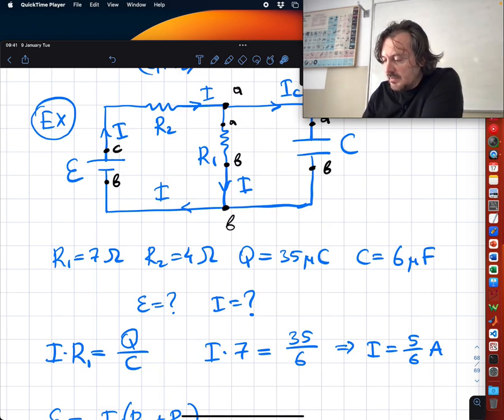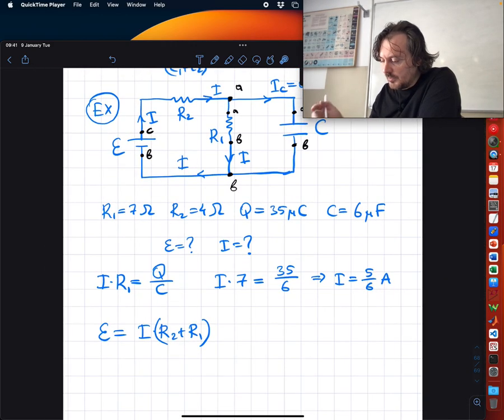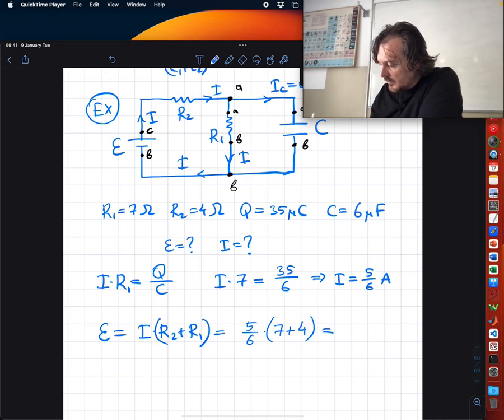But on the other hand, the potential difference between B and C, which is E, is basically the sum of the potential differences over here, right? So I can just write I times R2 plus R1, which is 5 over 6 times 7 plus 4. So E is 55 over 6 volts.